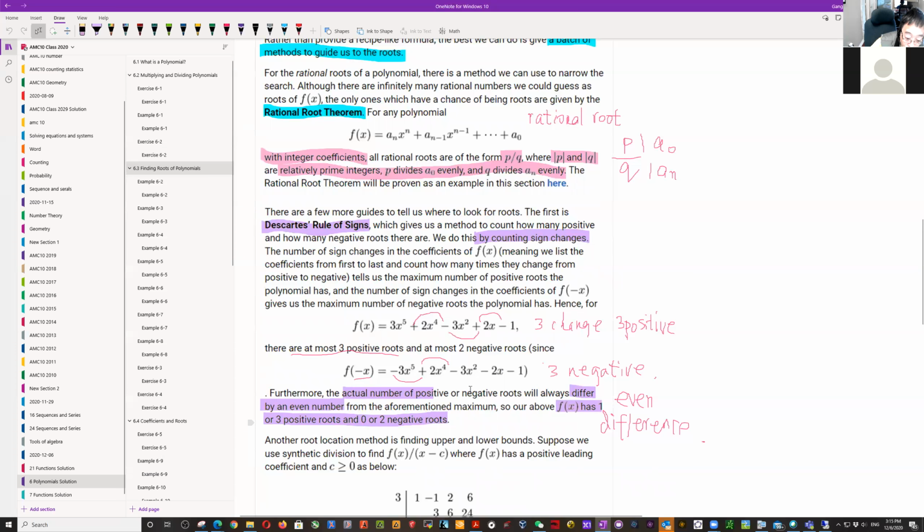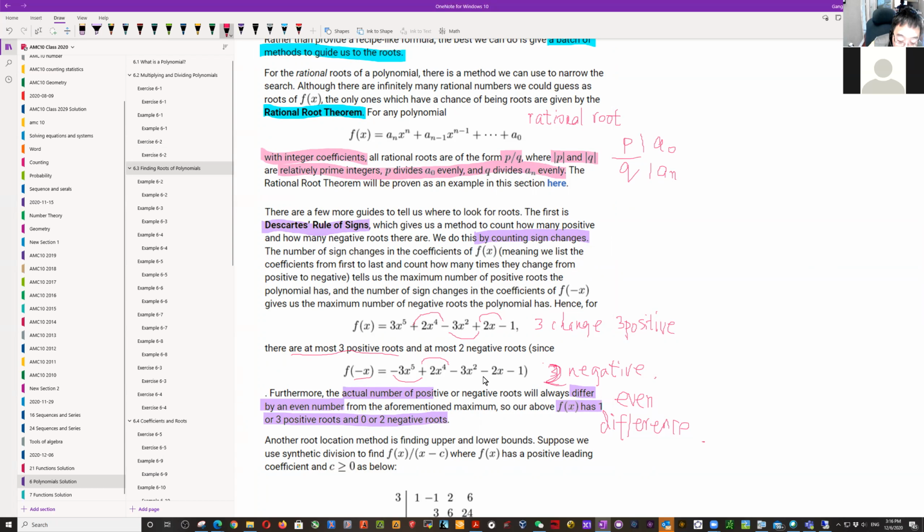This is also positive because it's an even power. And this is an odd power, so it becomes negative, changing the sign. Here we just judge the sign changes: negative to positive, one sign change, and positive to negative, another sign change. So actually we have at most 2 negative solutions, not 3, it's actually 2.